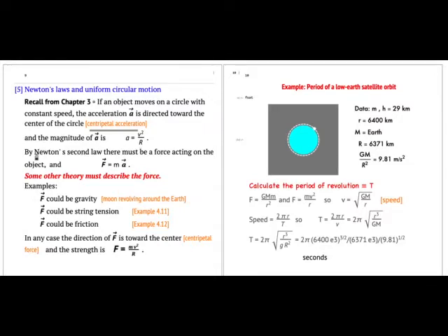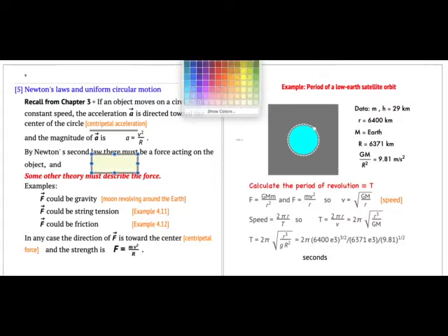Now, if there's an acceleration, there has to be a force. According to Newton's second law, there must be a force acting on the object that's moving in the circle, and the force has to be equal to the mass times the acceleration. That's Newton's second law. If there's a net force, there must be an acceleration.